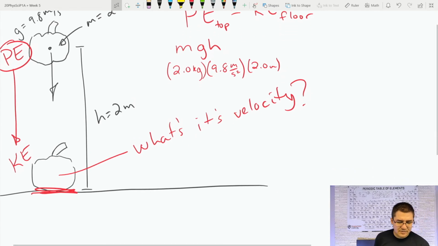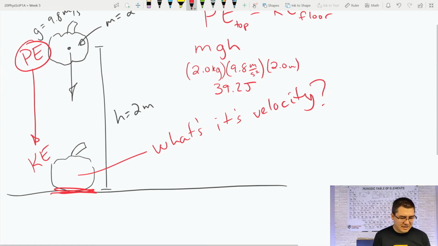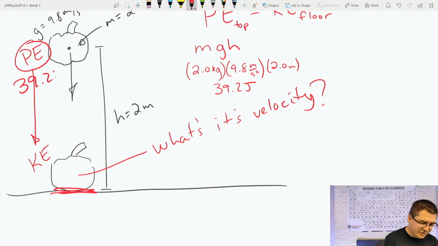So mgh comes out to 39.2 joules. There's the potential energy at the top. Since that's going to be equal to the kinetic energy down here, that's 39.2 joules.